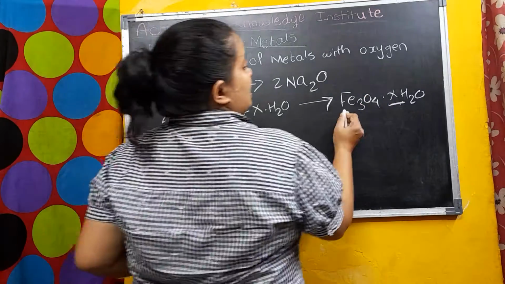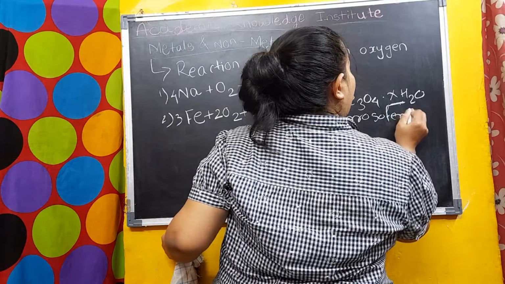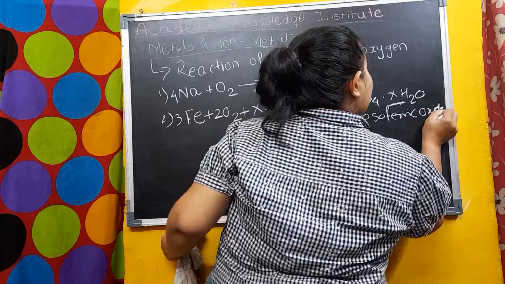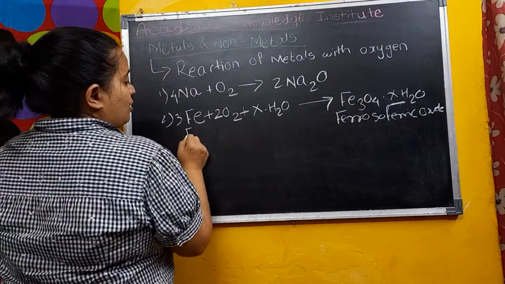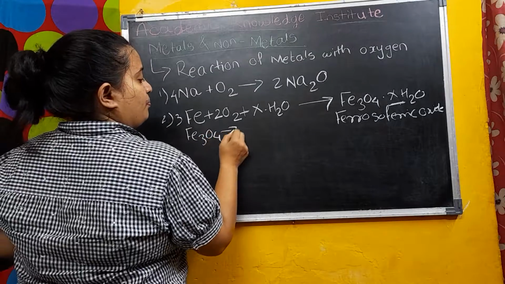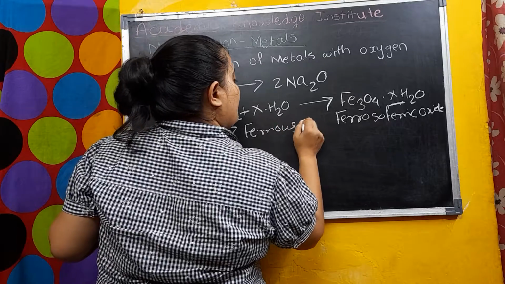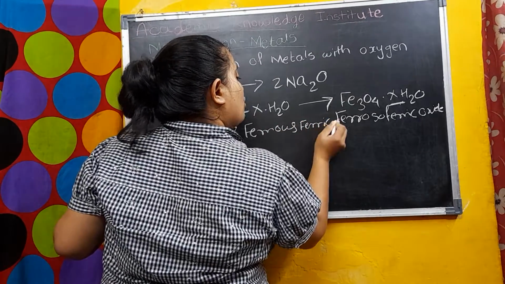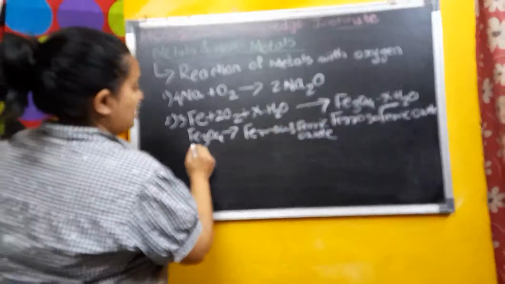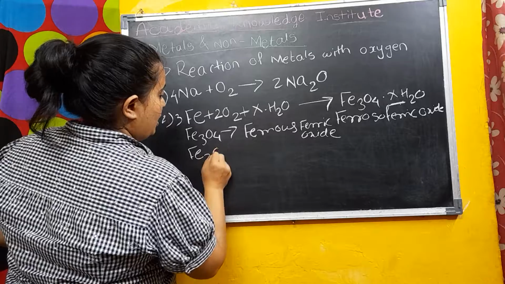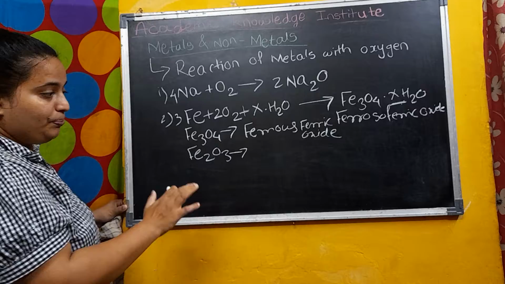Understood, student? If it is only Fe3O4, then it is ferrous ferric oxide. If it is Fe2O3, then it is ferric oxide.